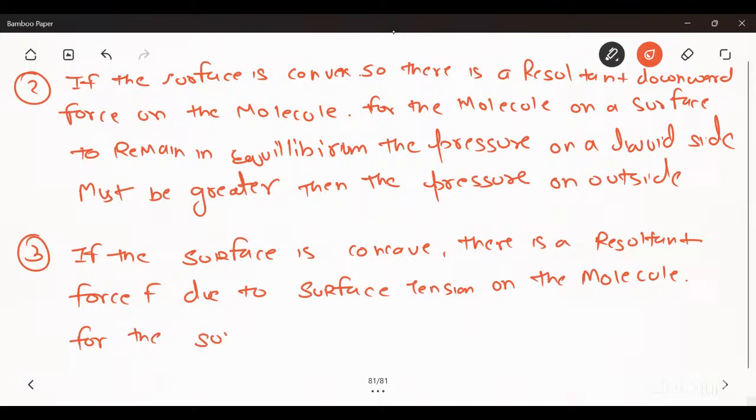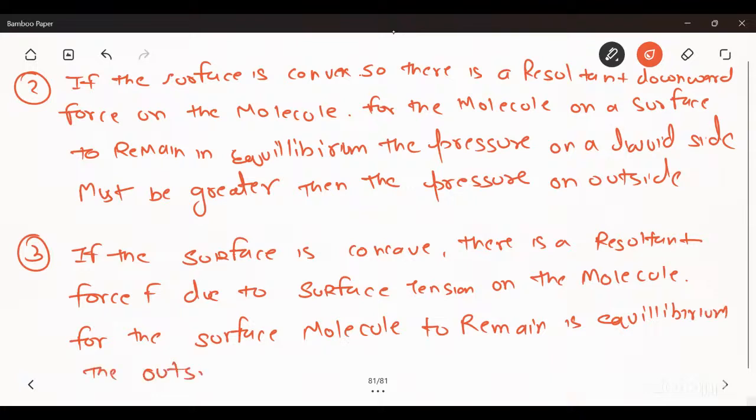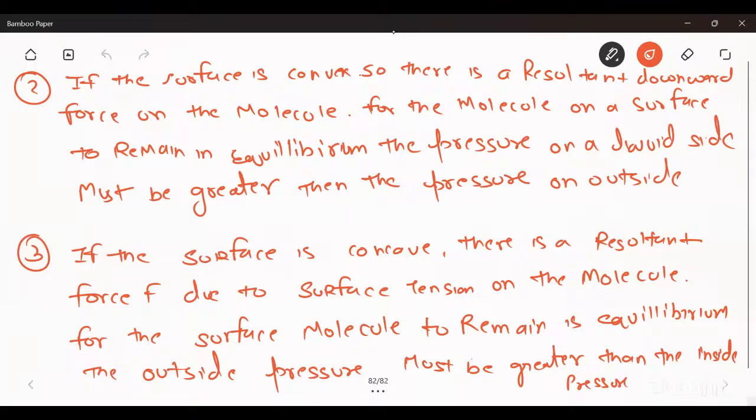For the surface molecule to remain in equilibrium, the outside pressure must be greater than the inside pressure. Okay, the topic was ended.